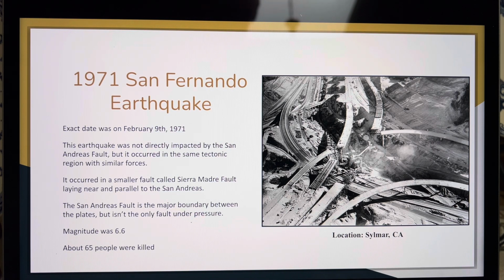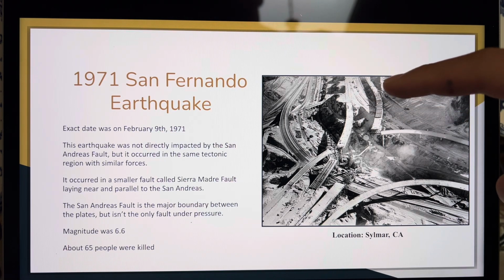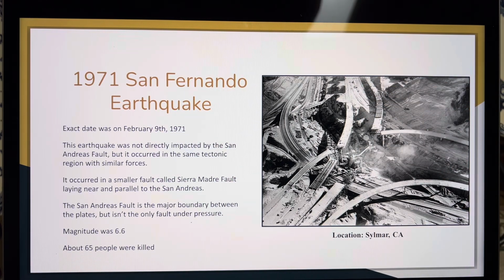So the San Andreas Fault is a major boundary between the plates, but it isn't the only fault under pressure. This was a 6.6, and 65 people were killed. As you can see here, some freeway bridges collapsed. I would have thought more people would have died, but still a good amount.